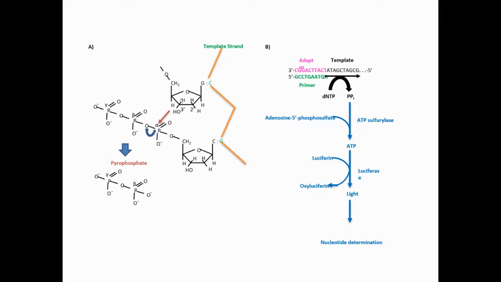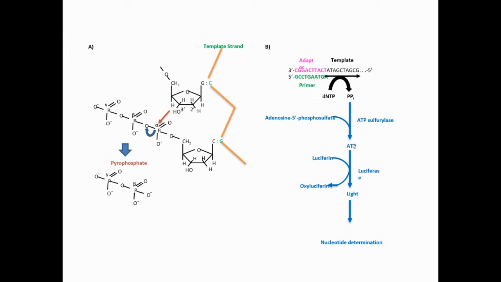Basically, this nucleotide attacks the alpha phosphate of the incoming nucleotide and removes the pyrophosphate. Then this pyrophosphate can be turned into ATP in the presence of ATP sulfurylase.